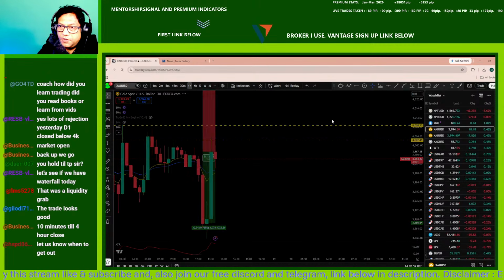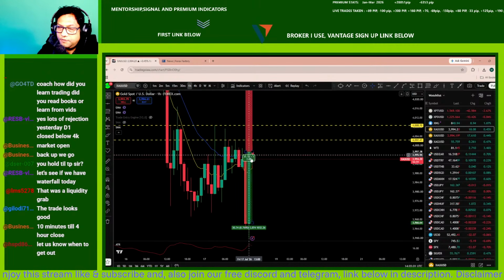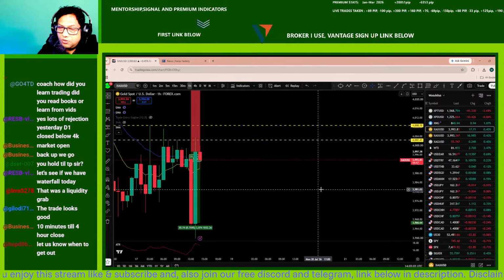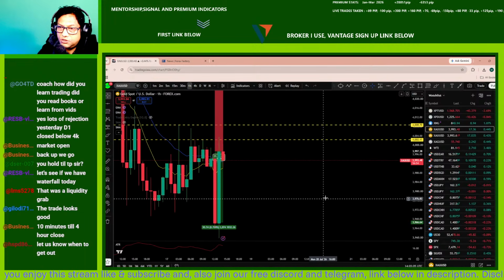Look at that. Here is the weak fill possible here for another move down back below to the support.